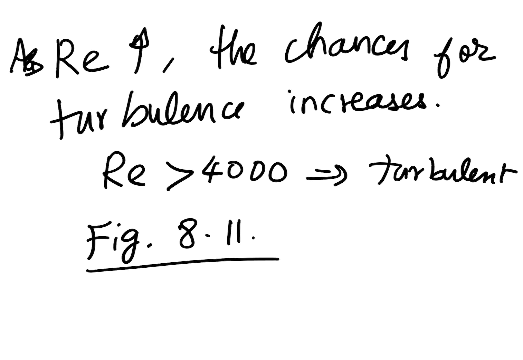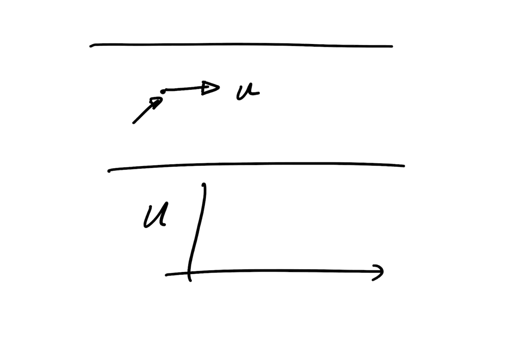Okay. Now if you think of a laminar flow, think of a point. You have your velocity at a point. If you put a velocity sensor here and measure it as a function of time, you get a velocity that is nice and steady.